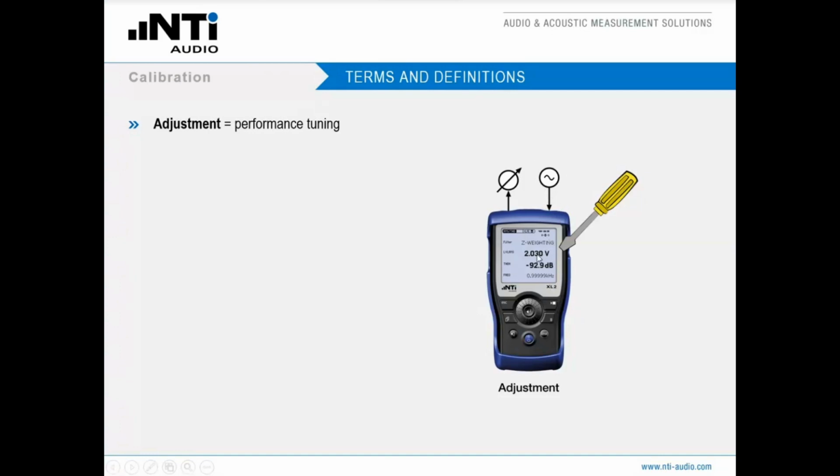We look at the screen, we take a look at what it measures, what it displays, and then we adjust the instrument if necessary so that this displayed result corresponds to the incoming signal. This is of course not happening with a screwdriver. This is just a symbol to clarify that here we are manually or electronically adjusting the instrument in a way that it measures correctly.